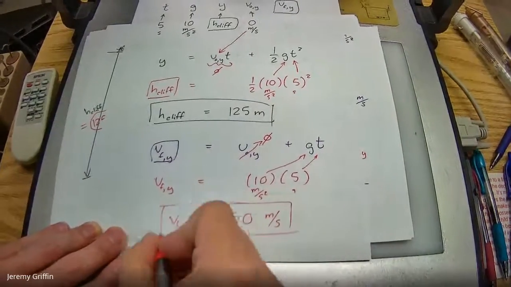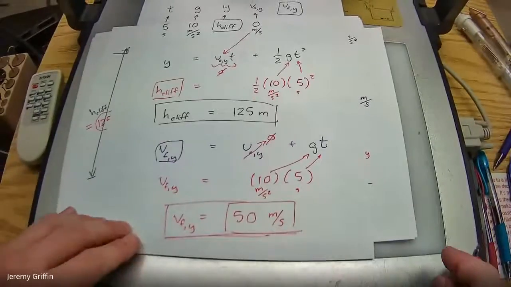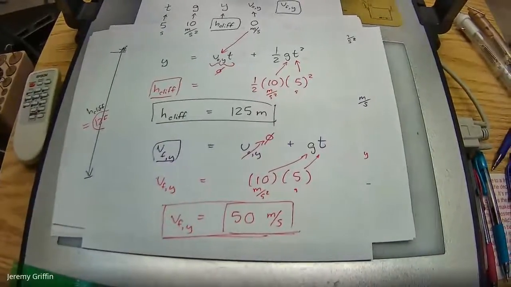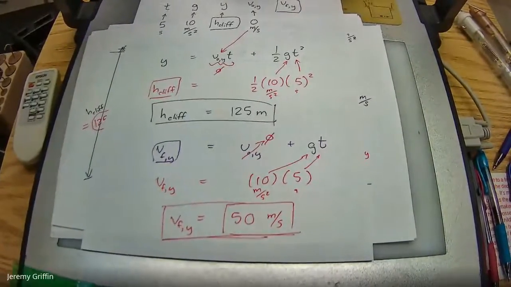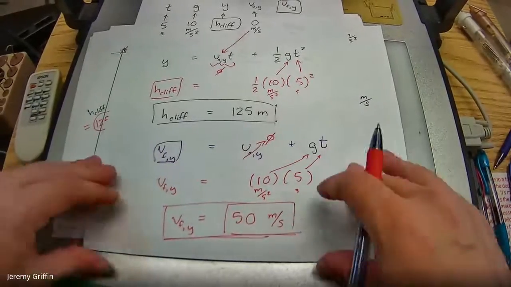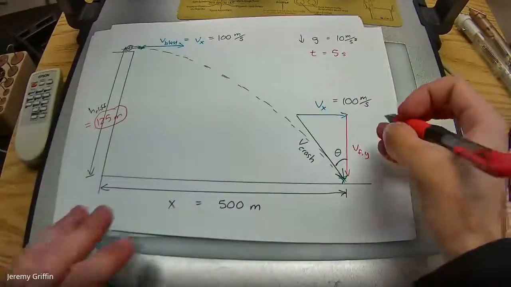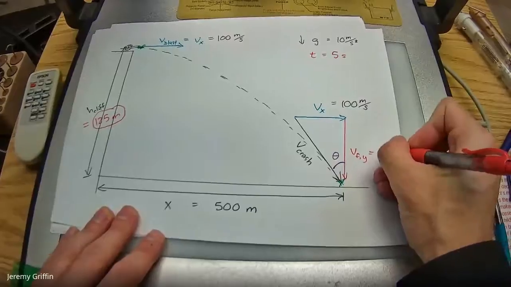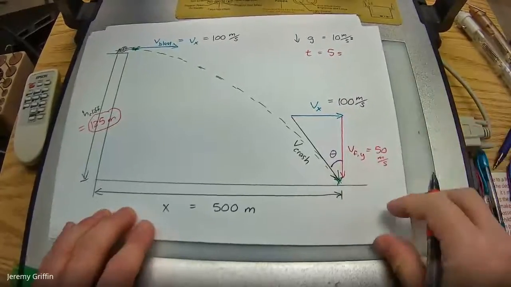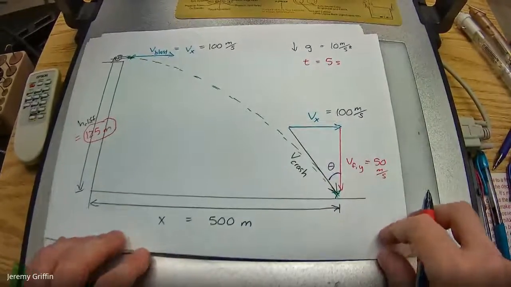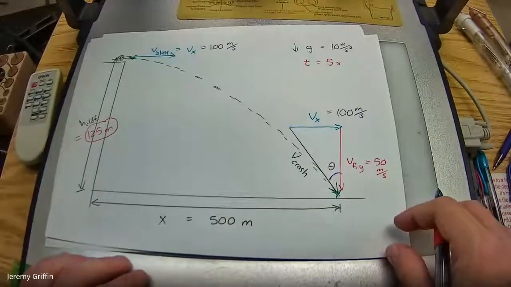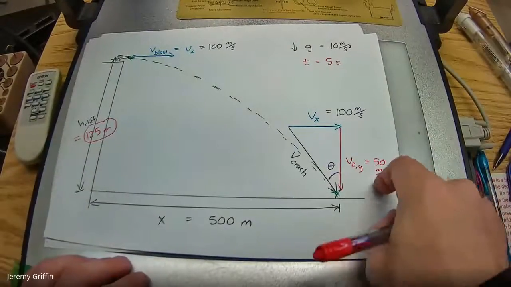Let's say final velocity in the y direction came out to be 50 meters per second, right? And that's just your linear motion info. Okay? So this came out to be 50 meters per second. Who's got questions so far?